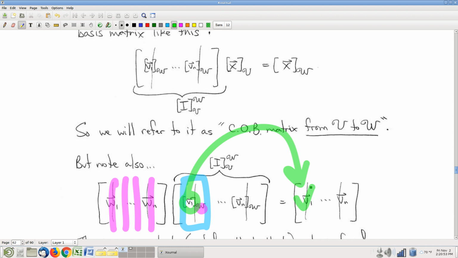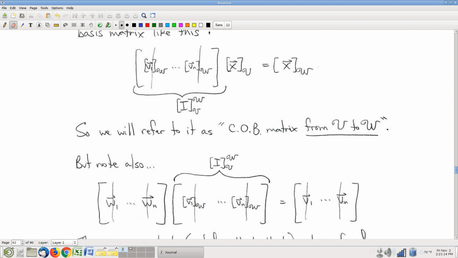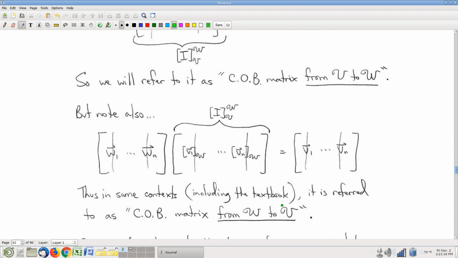That's the definition of V1's coordinates with respect to the W basis. Likewise, the next column is V2 with respect to W, and so you get V2. So this is a true fact. This matrix, and I assume this is the book's point of view, is why they call this from W to V.